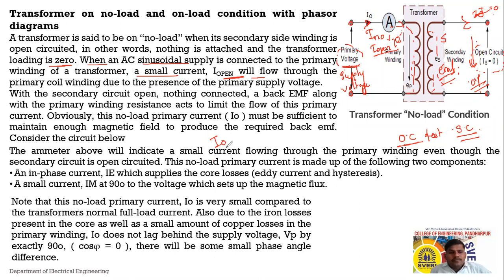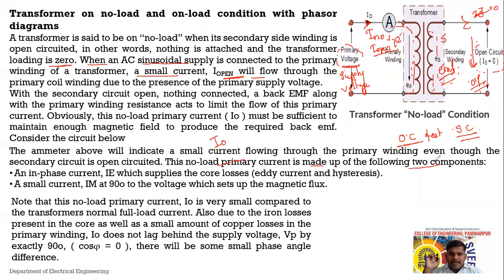Okay. Now this no load primary current is made up of the following two components. आता हा जो काय primary current असेल, it is divided into two components, or made up of two components.